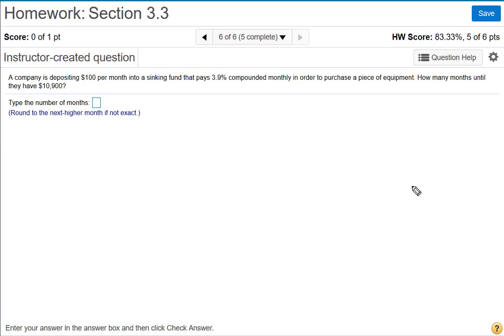In the last problem, we're looking for the length of time, and we'll be using the same formula. So we're going to take our future value formula, fill in the quantities. The future value is 10,900. The payment is 100.